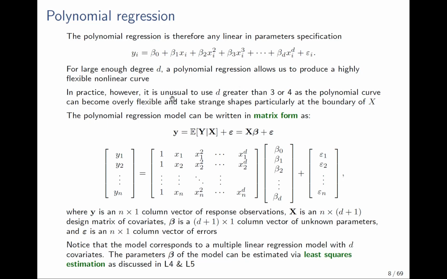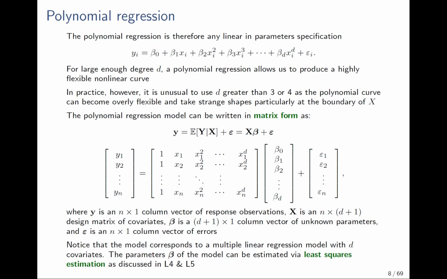And this just demonstrates that, as we said, I think in lecture 5, the polynomial regression form can just be treated as a multiple linear regression with d covariates and estimated in that way. And the parameter vector beta of that model can be estimated via least squares as normal. So that's it. I won't say any more about polynomial regression because we know what it is and we've seen it before, but it is important in what we're about to discuss today.